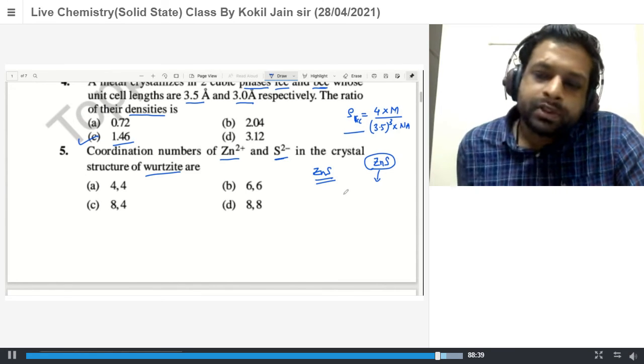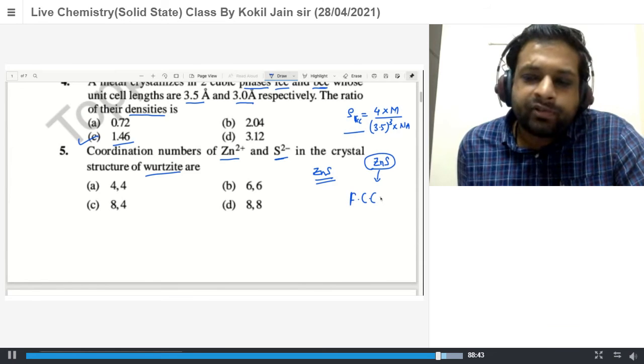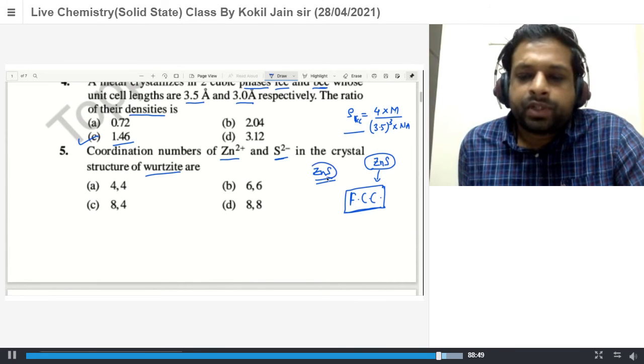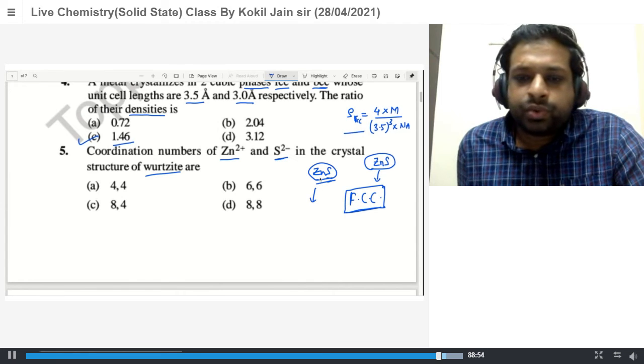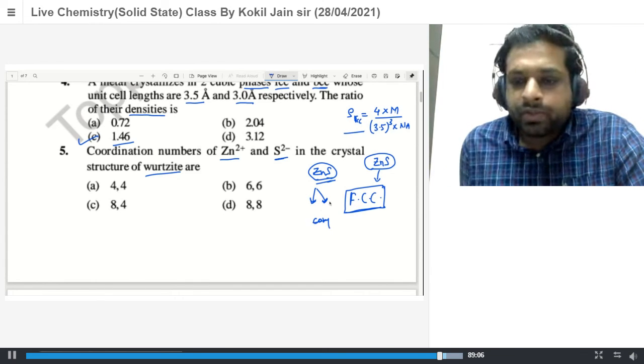See, ZnS is going to have an FCC type of structure here. Wurtzite is another type of structure. I think today's time is almost over, so we will see the structure of ZnS completely in the next class.